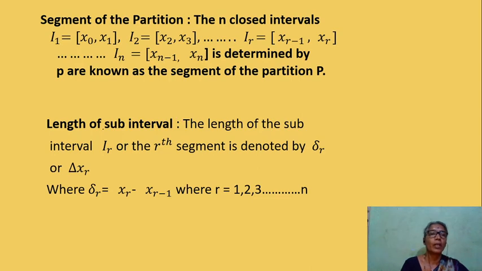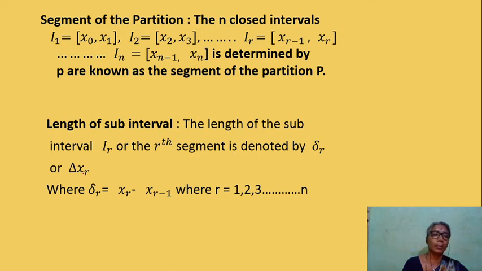Now, length of the subinterval. Given I equals [a, b], the length of the interval is b minus a. Now we'll see the length of the subinterval Ir, where Ir is equal to [x(r-1), xr]. The rth segment's length is denoted by delta r.